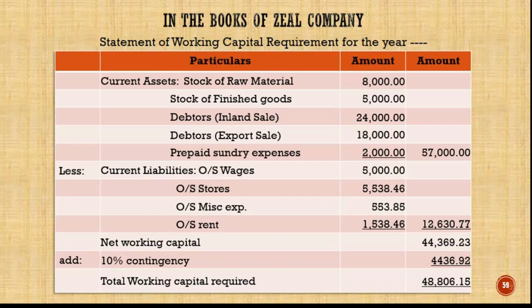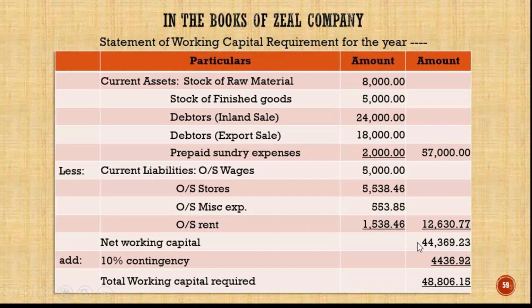Here one more requirement was there from the company, that is we have to keep 10% amount as a contingency. That means we have to add 10% contingency into net working capital. So on which figure do we have to calculate this 10%? You can see here, on the net working capital figure we have calculated 10%. That is, net working capital is 44,369.23.